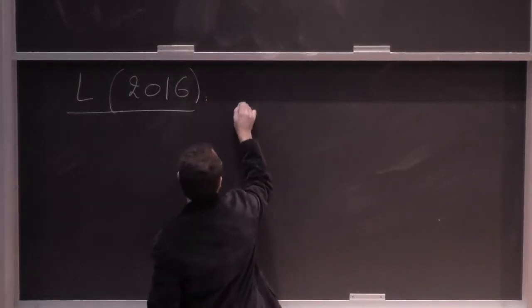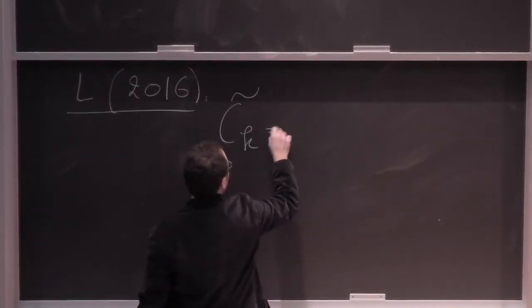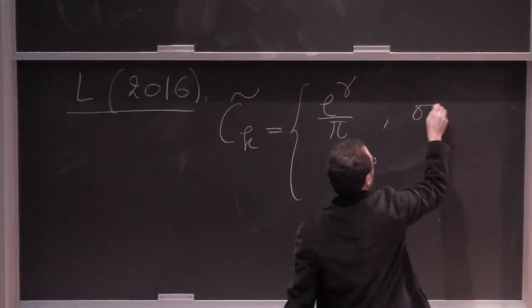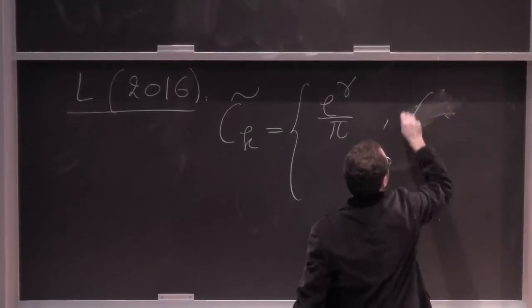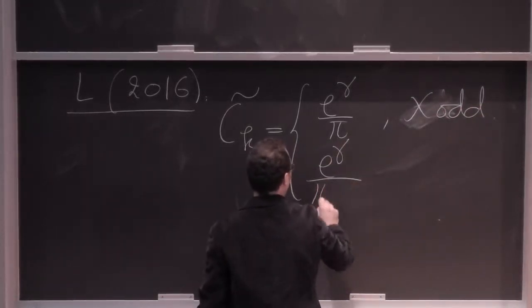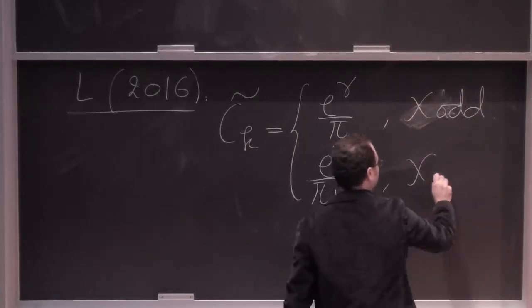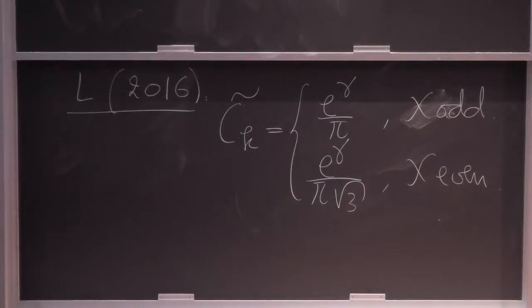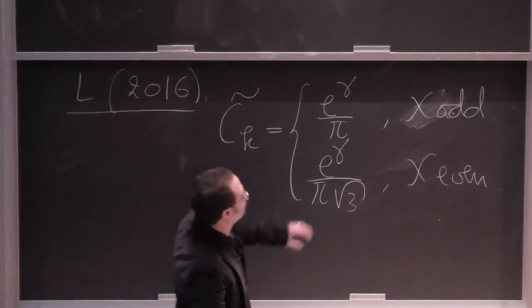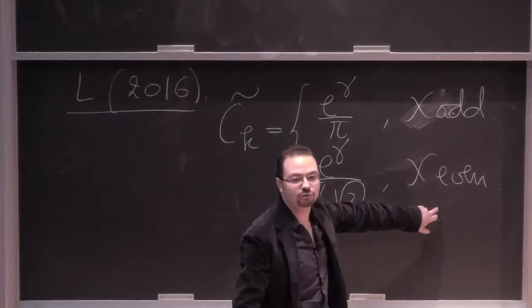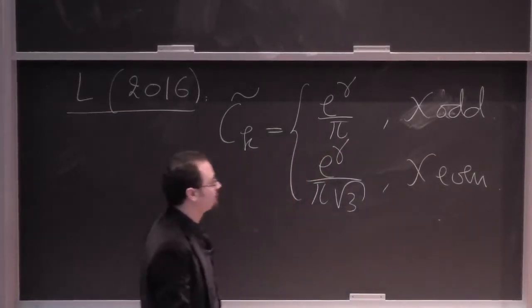So you can take ck tilde to be exactly what you expect, which is e to the gamma over pi for odd ones, and e to the gamma over pi squared 3 for even. So meaning that there exists an infinite family of characters chi of order 2k, which are odd, for which this is attained, and also similarly for the even case.